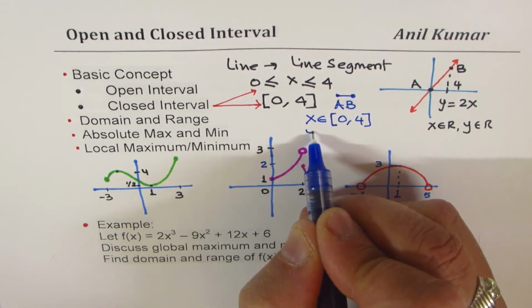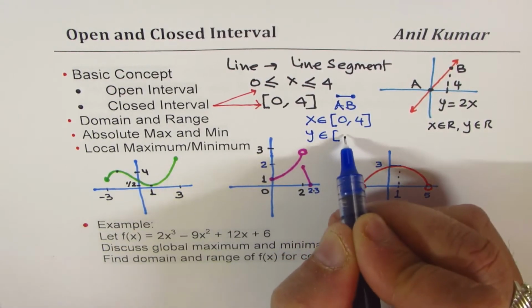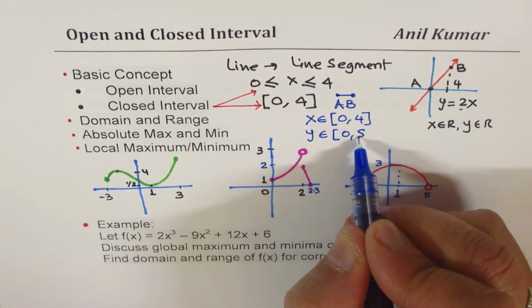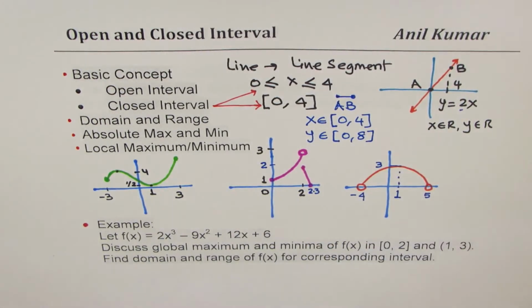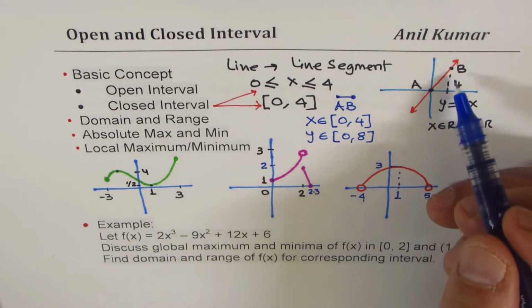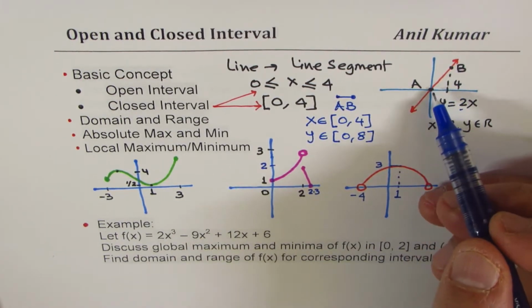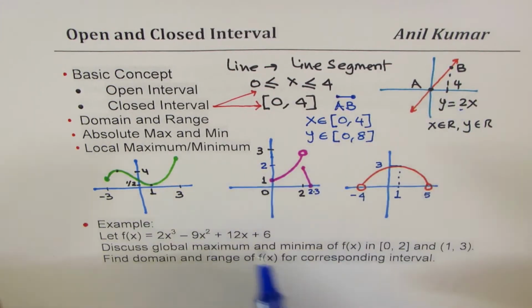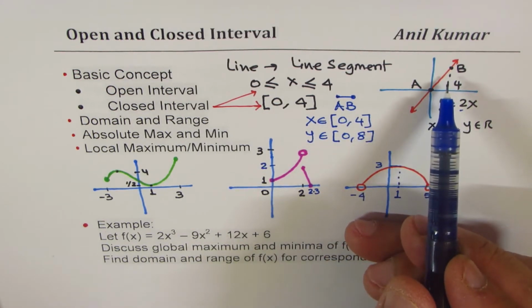And what is the range? Y is from 0 to 8, because I have taken y equals 2x. So what we see here is that all of a sudden a line, when it is bound from the left and the right side, becomes a closed interval.